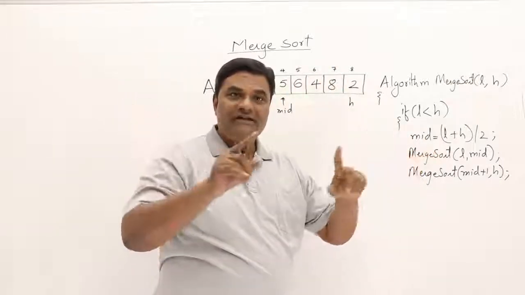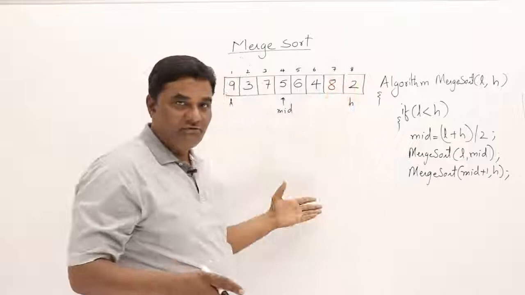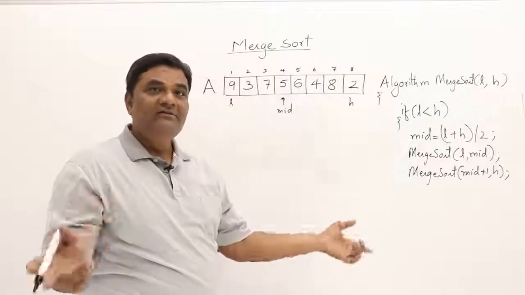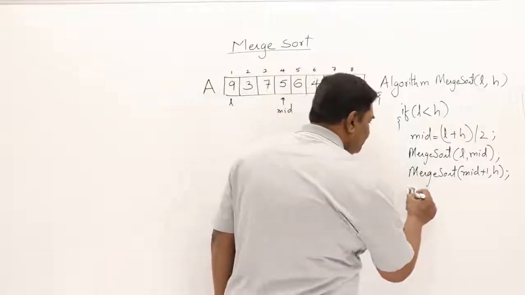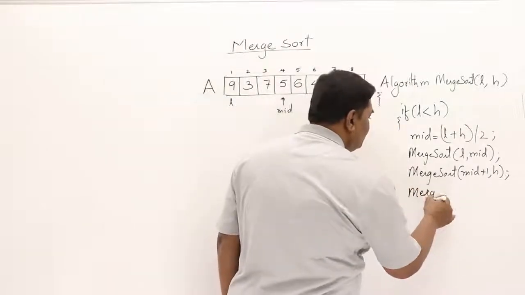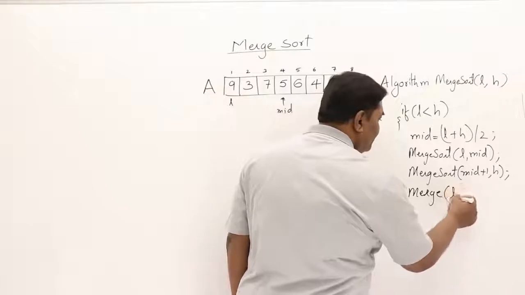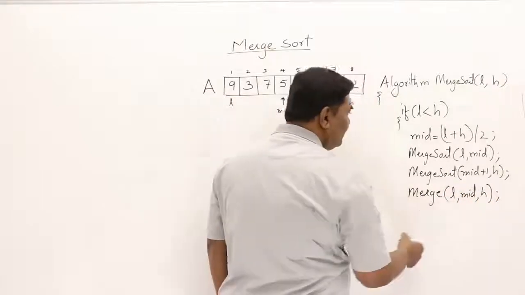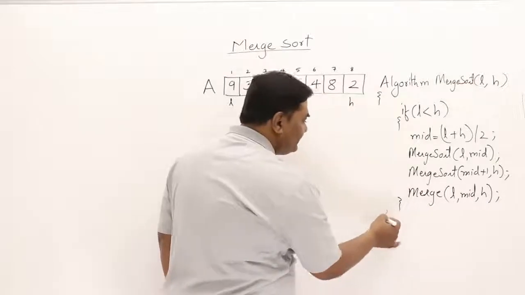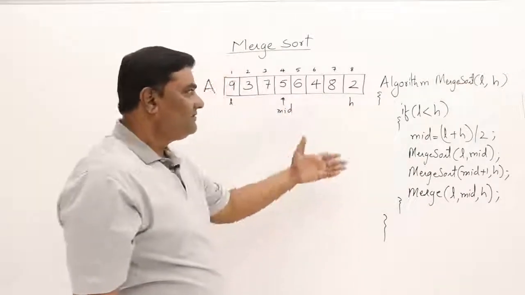So we are breaking this into two lists, and when the two are sorted, we can merge them together. So perform merge. Merge from where? Low to mid is one list and mid plus 1 to high is the other. So we pass three parameters. So that's all. This is a simple algorithm for merge sort.